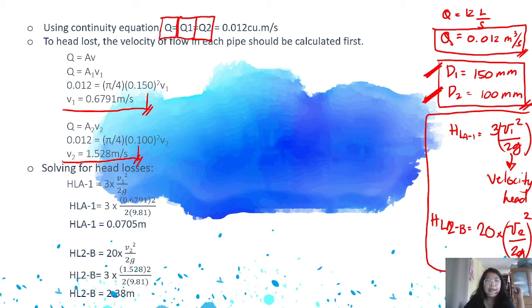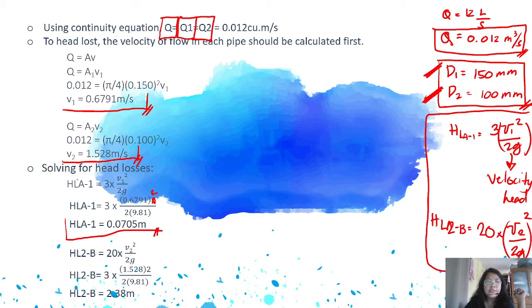And then, solving for the losses. The head loss from point A to 1 is 3 times the velocity head, so substitute 3 times V1 squared over 2g: 0.6791 squared over 2 times 9.81 meter per second squared. You get HL from A to 1 as 0.0705 meters.